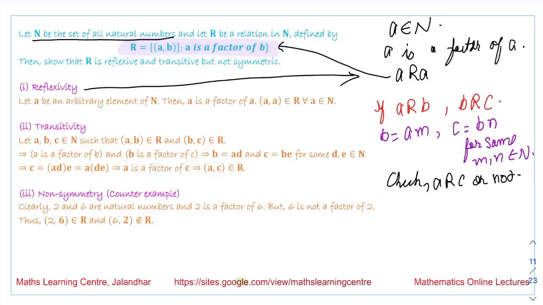So we are asking, is there any number K such that C is equal to K times A? We have to check this.